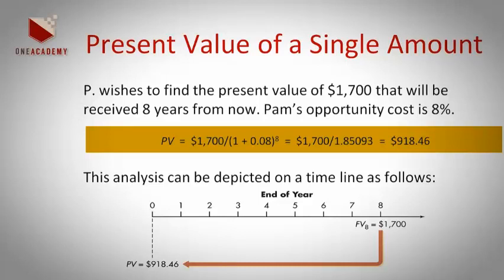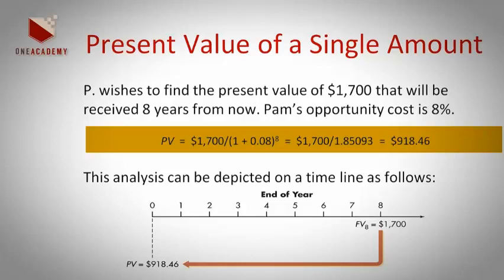And if we make the calculations using the mentioned formula, we will reach the conclusion that Pam's $1,700 after 8 years should be evaluated at about $918 currently, today.